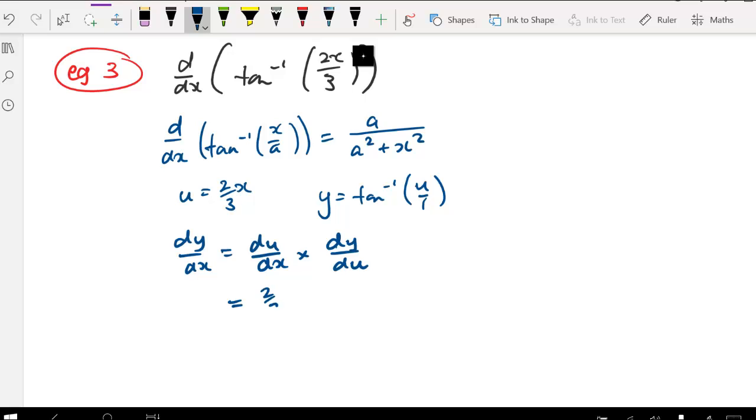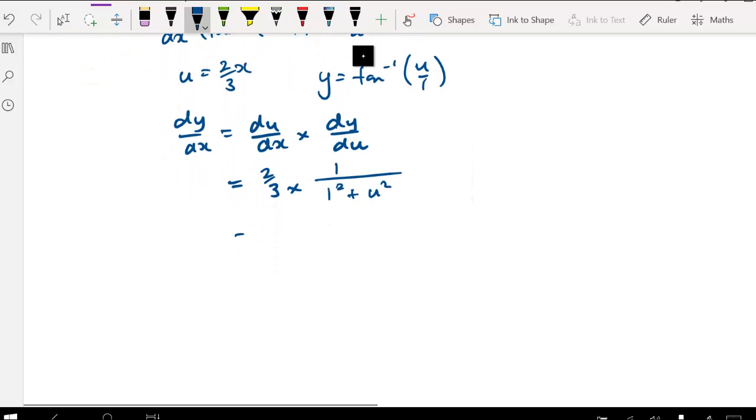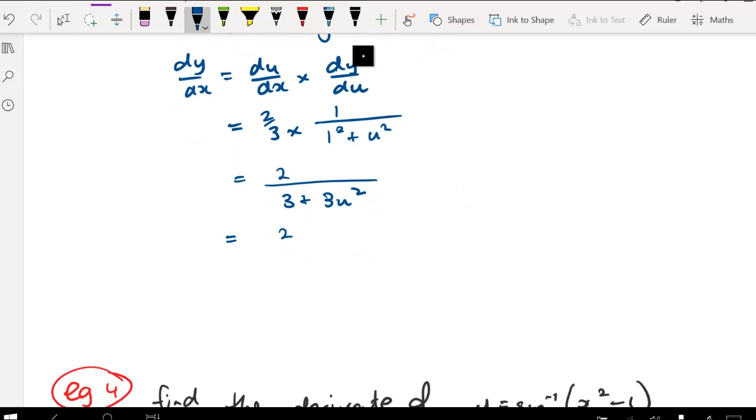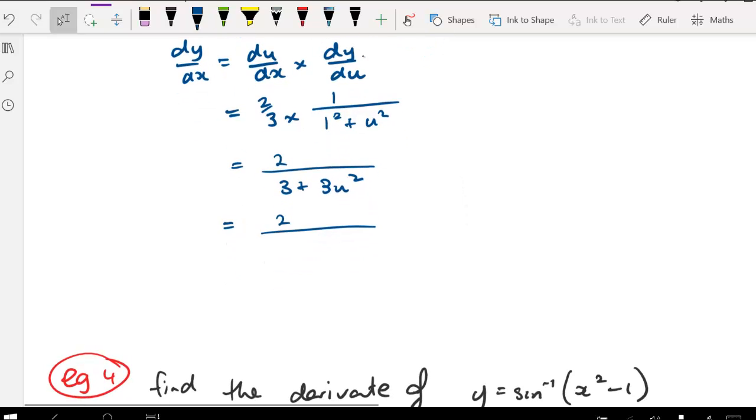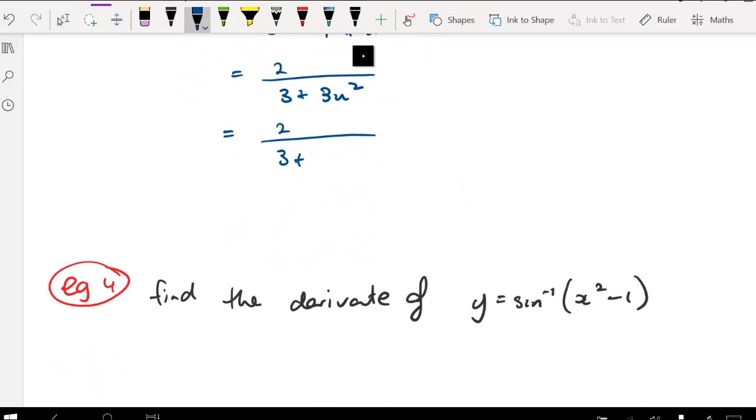du/dx is simply 2/3, and dy/du will be 1 over 1 squared plus u squared. So we've got 2 over 3 plus 3u squared. Now since u is 2/3 x, we've got 2 over 3 plus 3 lots of 2x on 3 all squared, which will give us 2 over 3 plus 4x squared on 3.